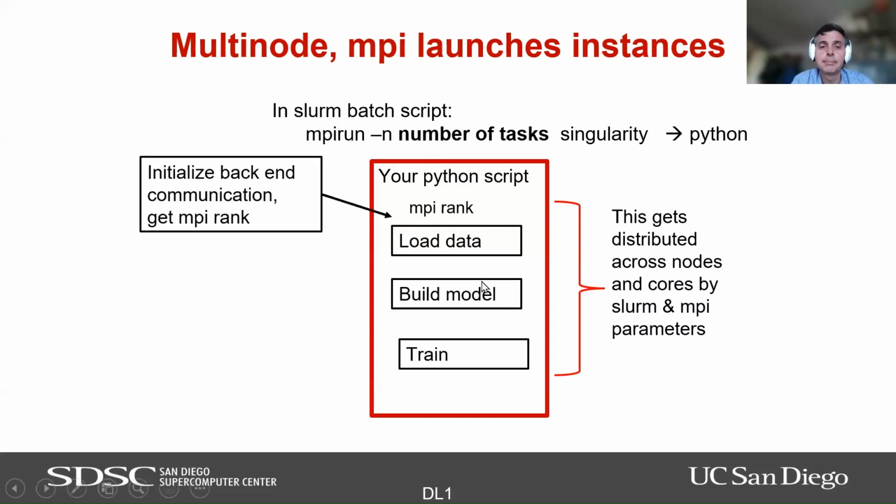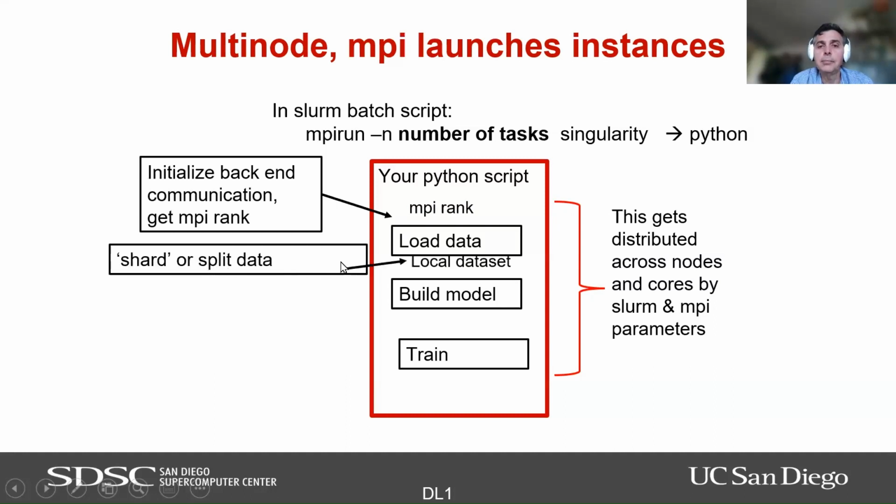So this Python script, within the Singularity container, gets distributed across nodes by your MPI and your Slurm job. Now, what Horovod is doing is essentially this: you have to initialize the backend communication. If you're familiar with MPI, you're initializing the communication, and you have MPI rank information in your program.